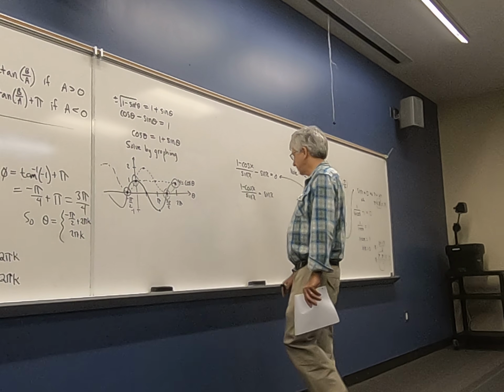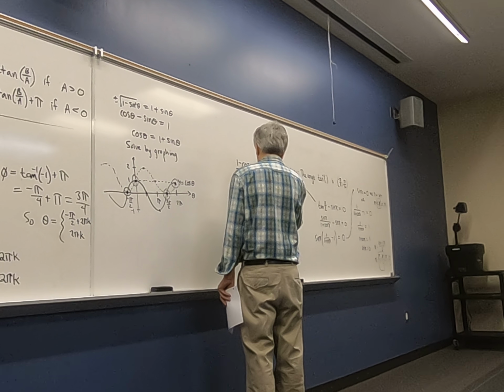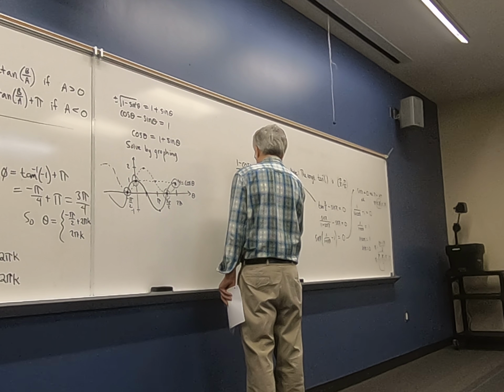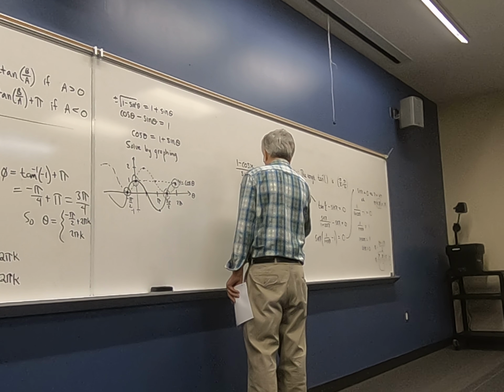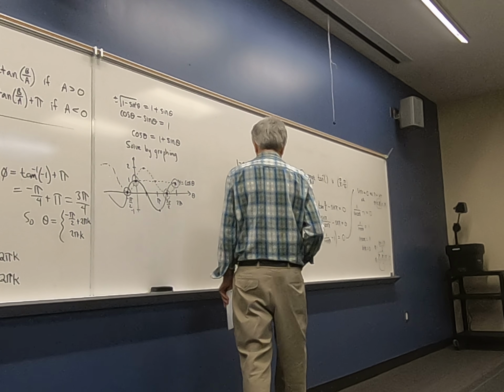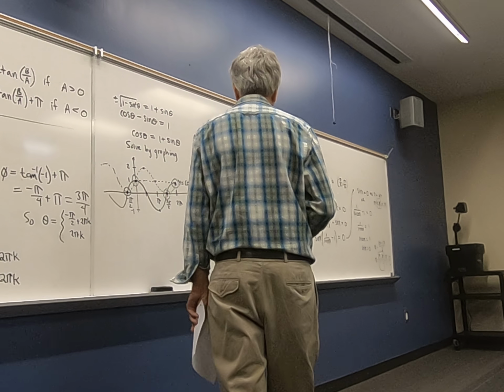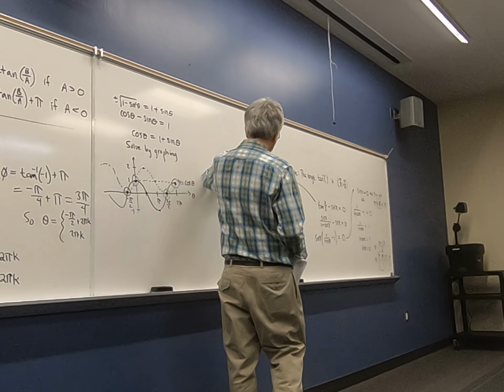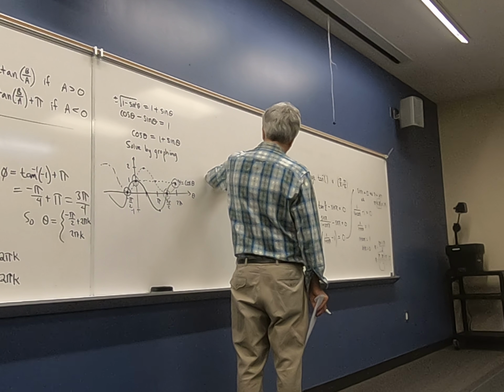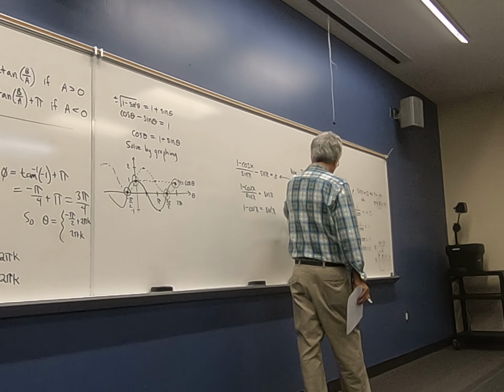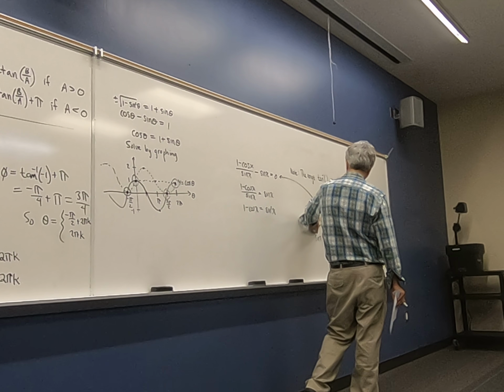Okay, so this is a tricky one. If you multiply both sides by sine x, you would not necessarily get an equivalent equation, because you're assuming sine x is not 0. In fact, when you use this identity here, you're assuming sine x is not 0. Right? Because here you're assuming that cosine x is not negative 1.